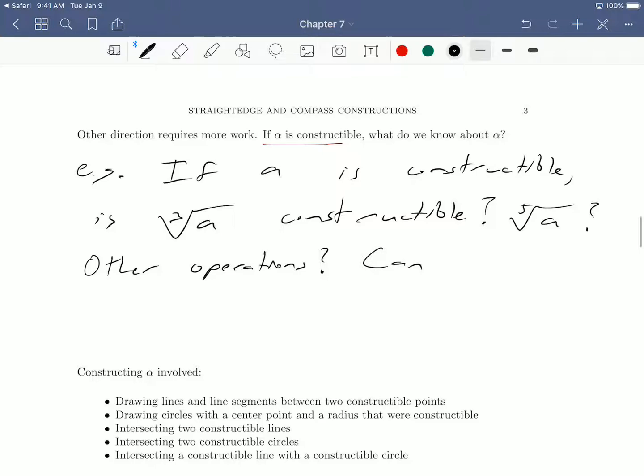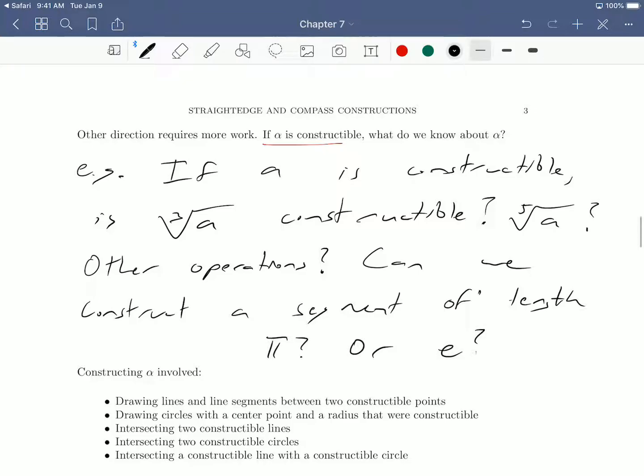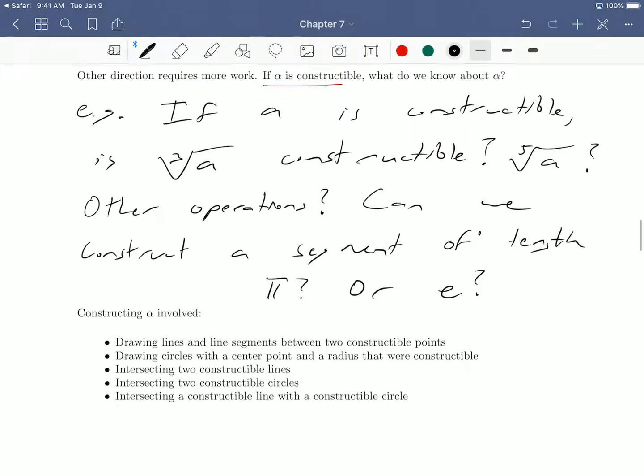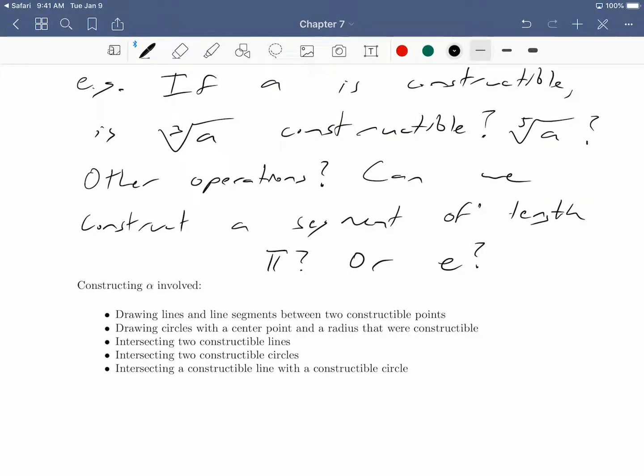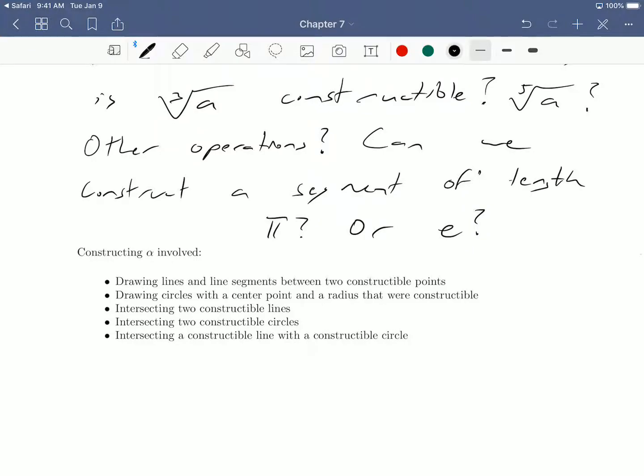Another thing to think about here is, can we construct a segment of length pi? Or maybe e. So how do we know what length segments we can construct and what we can't? That's our question.